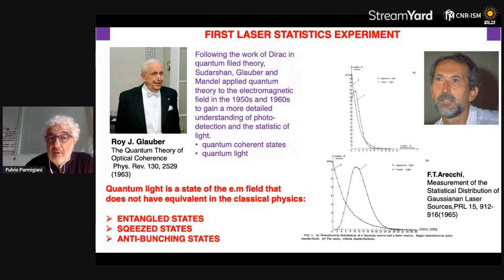So essentially, a fully coherent source should be coherent at any degree. So it should be first order, second order, or any order of coherence. And this is a very important step that is bringing us to the definition of quantum state of the light. As I said, these states don't have an equivalent in classical physics. And just to give some examples, they are, for example, the entangled state, the squeezed state, the anti-bunching states.